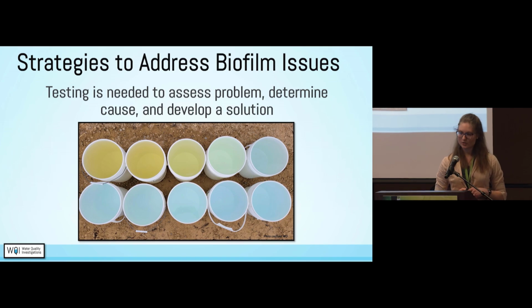Moving on to strategies to address biofilm issues, the primary thing that we advise is that you need to test, and that's going to help you assess the problem, determine the cause, and develop a solution. On this image here, this is what we call our highly sophisticated bucket test.